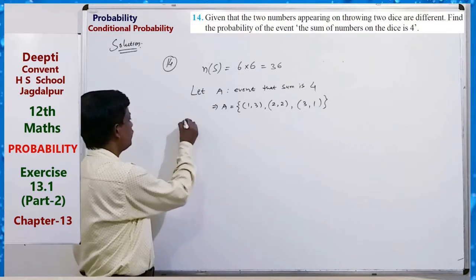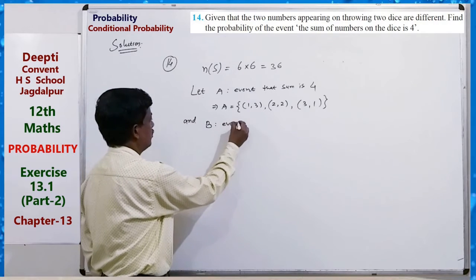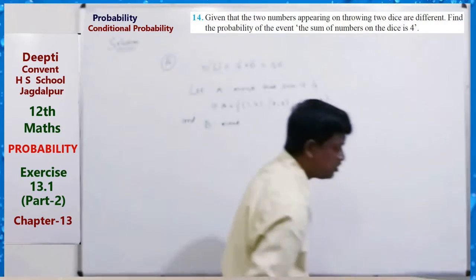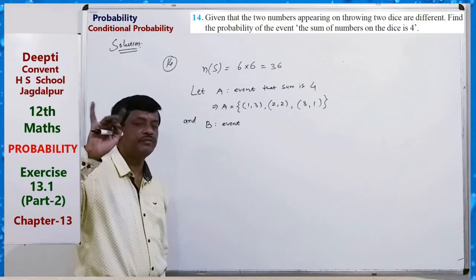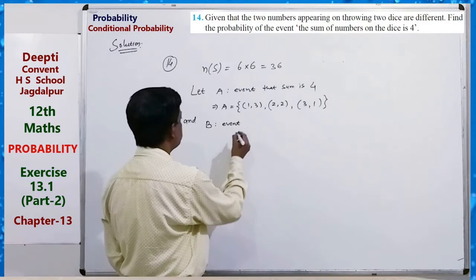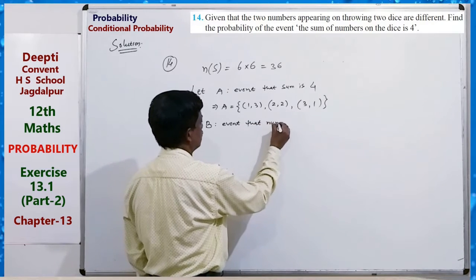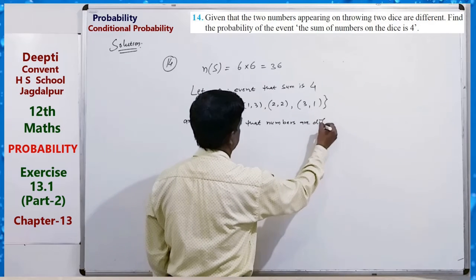And B is another event: the two numbers appearing on throwing the dice are different numbers.